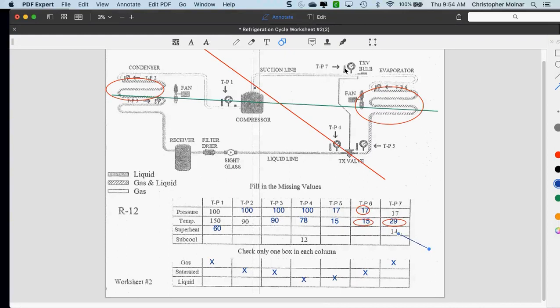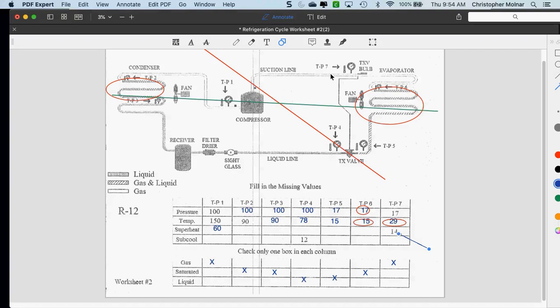It is based on the temperature rise that happens in the last pass of the evaporator after the change of state. That is the superheat. It's the sensible heat gain following the change of state from a liquid to a gas of my refrigerant in the evaporator.